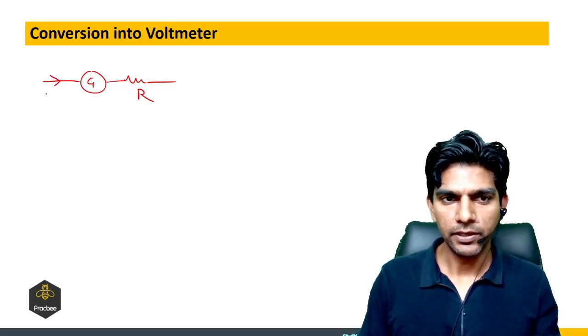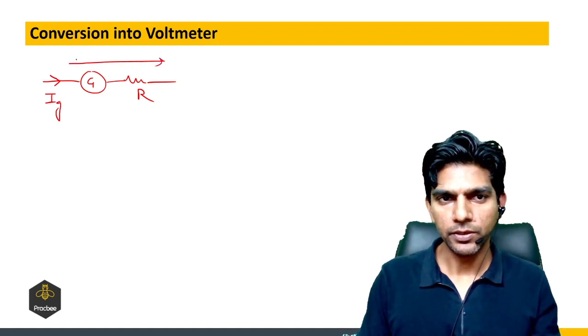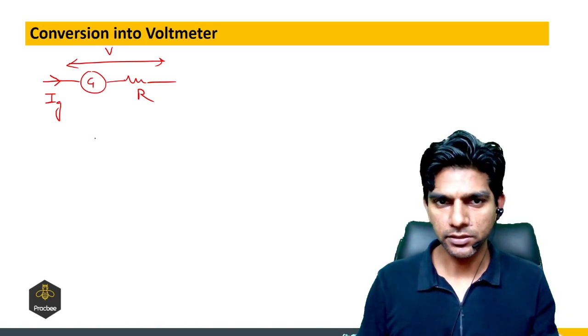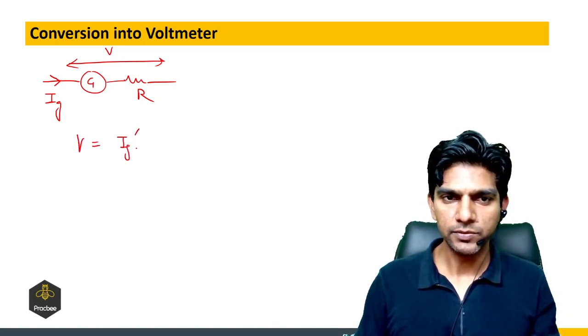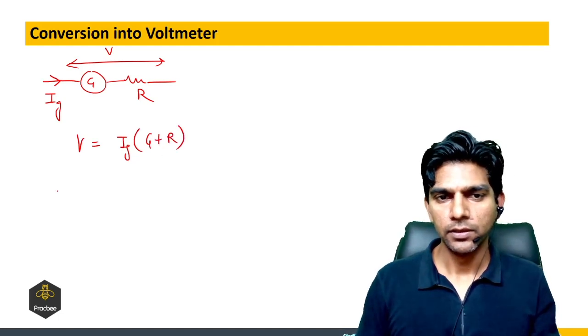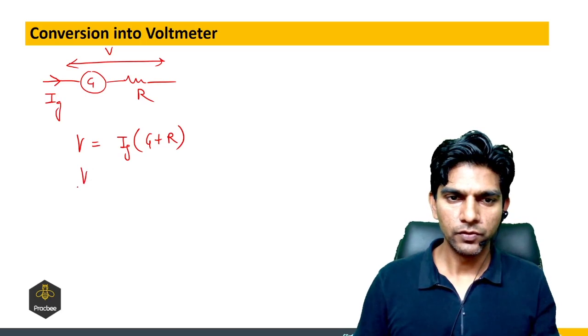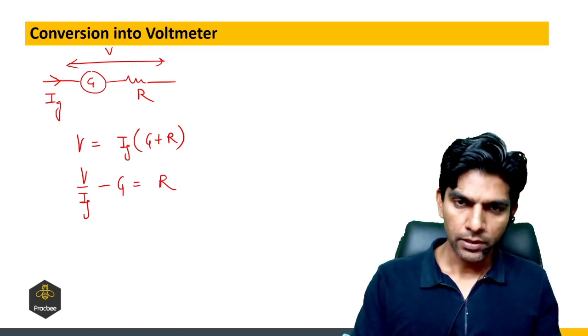And when we pass full scale deflection current, the potential drop across the galvanometer and the resistor is V. So we can say V is equal to Ig times G plus R, and from this we can find the value of R. So V upon Ig minus G will be the resistance that we have to connect in series.